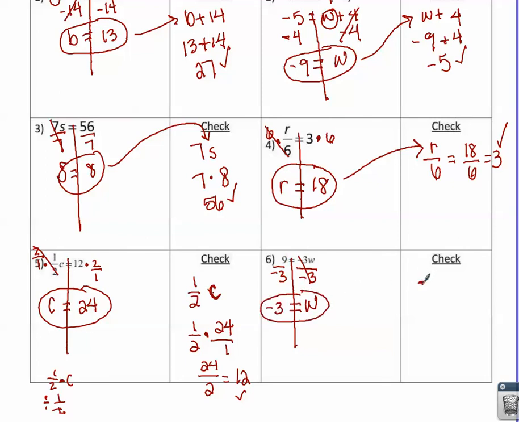Now check your work. Write down your original problem, then substitute what you got in for your variable. -3 times -3 gives you a +9. +9 equals +9. Check, you did your work correctly.